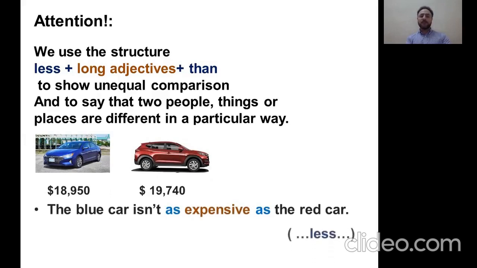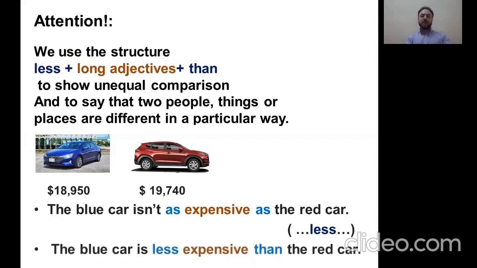Of course, the red car is more expensive than the blue one. So if we are going to use less, remember that less is the same as not as. So the answer will be the blue car is less expensive than the red car.